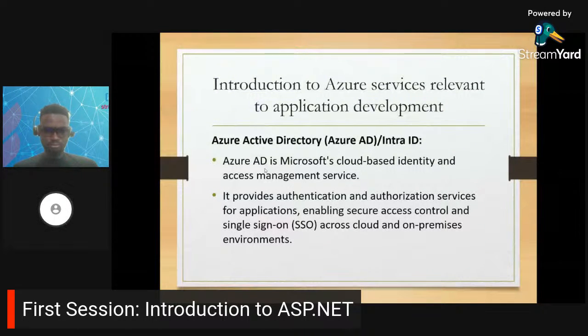You have the Azure Active Directory, which is a good tool for identity management. Currently it's called Azure Entra ID. That's the latest name; it has been changed from Azure Active Directory to Azure Entra. That's what you use for identity management. You use it for your login, and for authentication and authorization for your application.